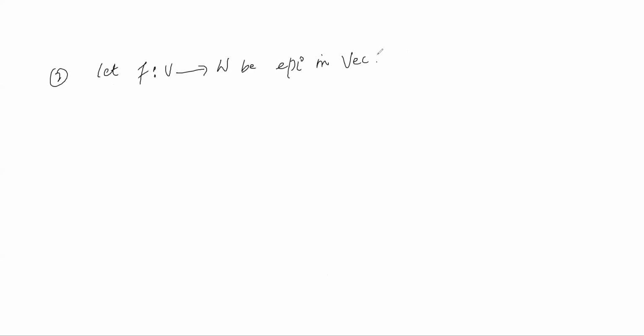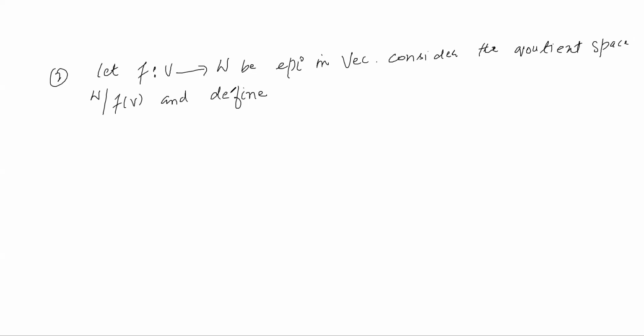Now consider the quotient space W upon f(V), and define g and h from W to the quotient space W upon f(V) as follows.